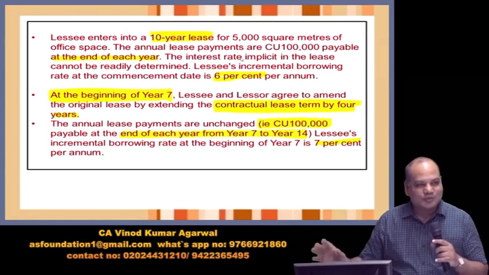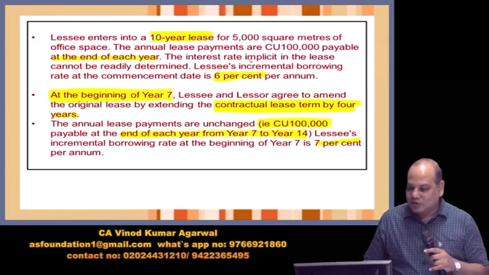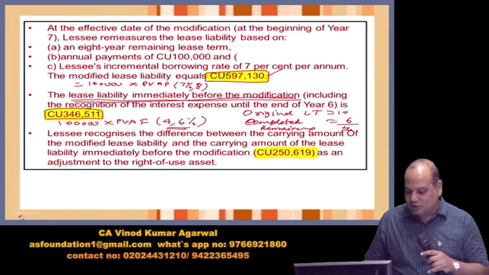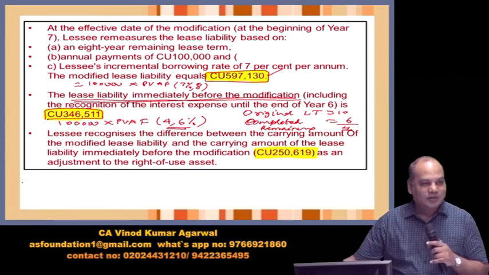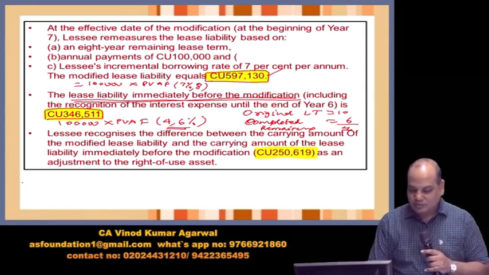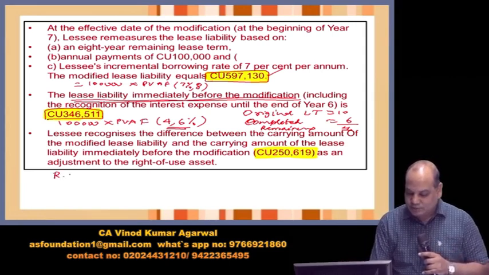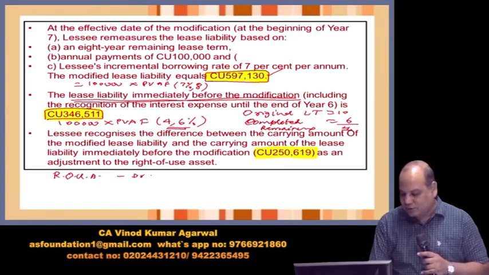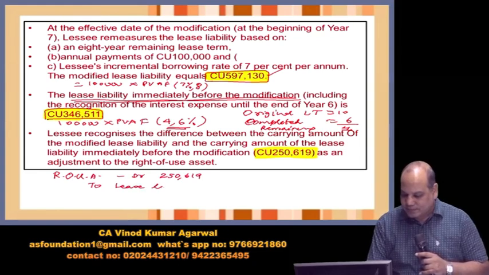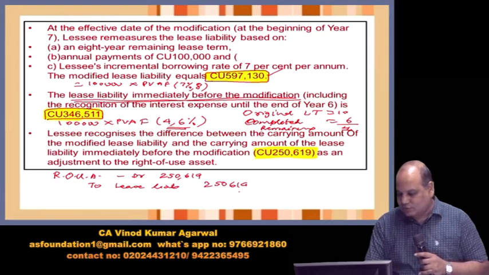So you assume no. Now my next question is, what about the journal entry? This is not typed in your notes. Tell me, journal entry. Right of use asset debit 250,619 to lease liability 250,619.